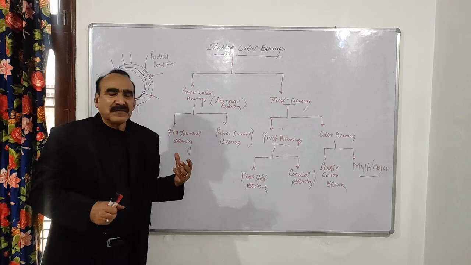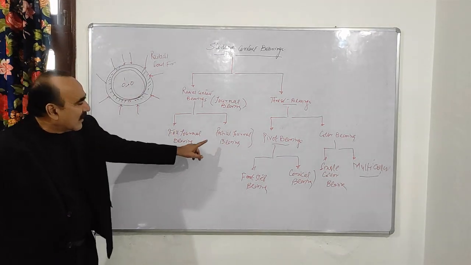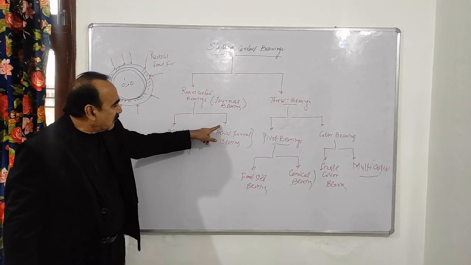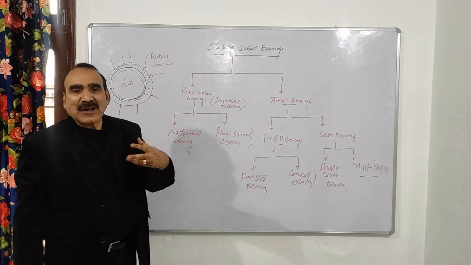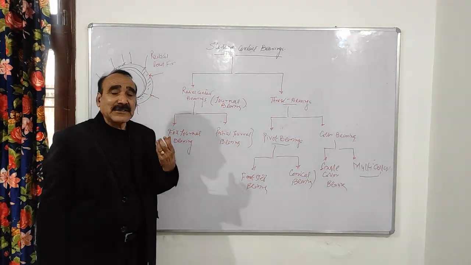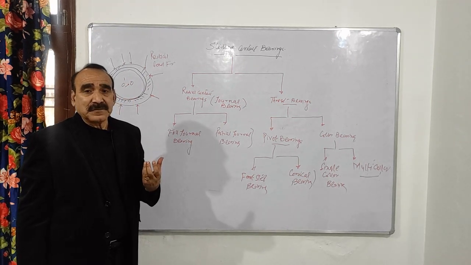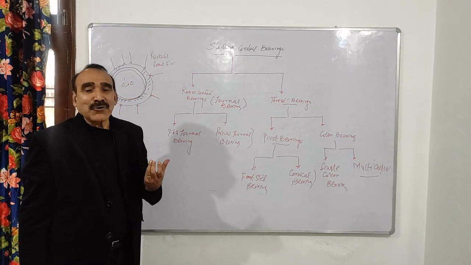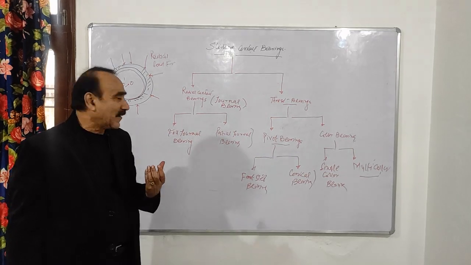Now अब partial journal bearing means what? As its name, partial journal. Partial means some part of the journal is protected. So that part you can say 120 degree. There is a protection of 120 degrees there.